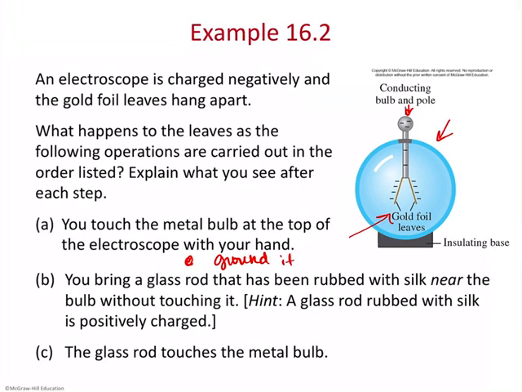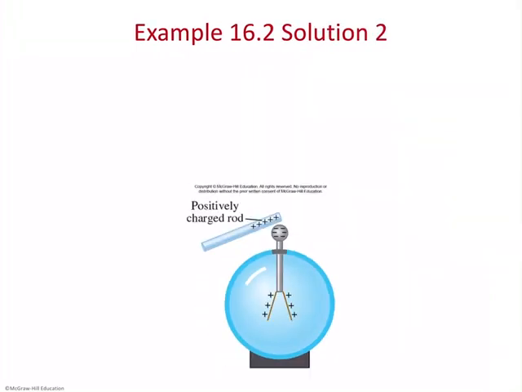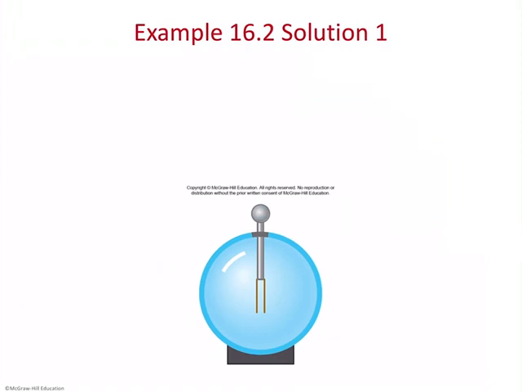The second one: you bring a glass rod that's been rubbed with silk near the bulb, and it does tell you that a glass rod is positively charged. So what happens to that? I should have said on this one that you ground it.